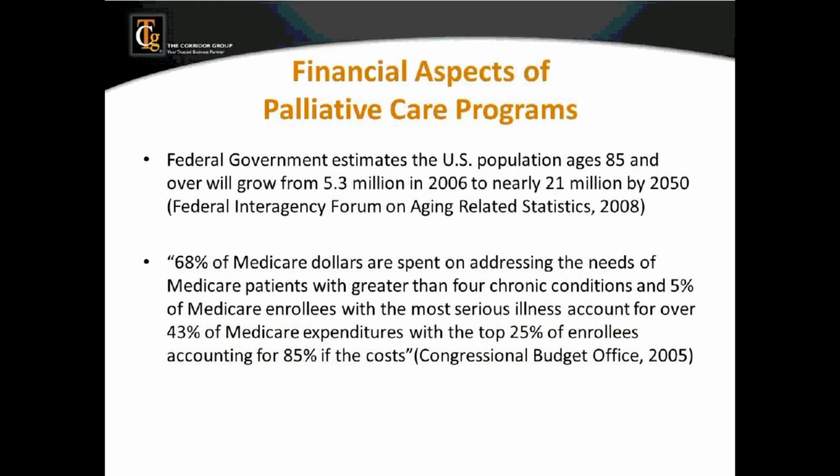So they may have a catheter, they may have a chronic urinary tract infection, they may have lots of different things that one disease kind of trajects onto the next and to the next and to the next. And you can see that this is why the Medicare dollars from these studies, Congressional Budget Office in 2005, are showing that these needs of these patients are taking the most of the Medicare dollars. Next slide, please.